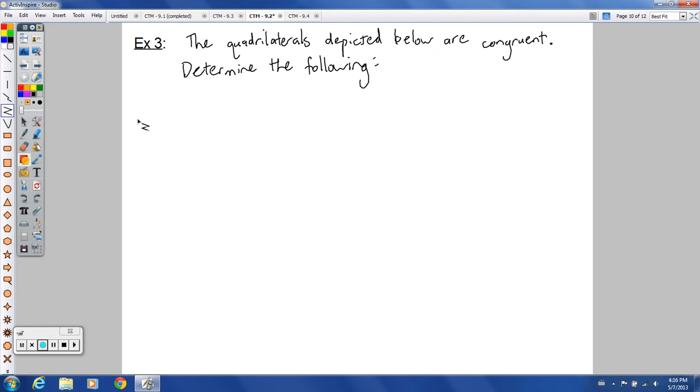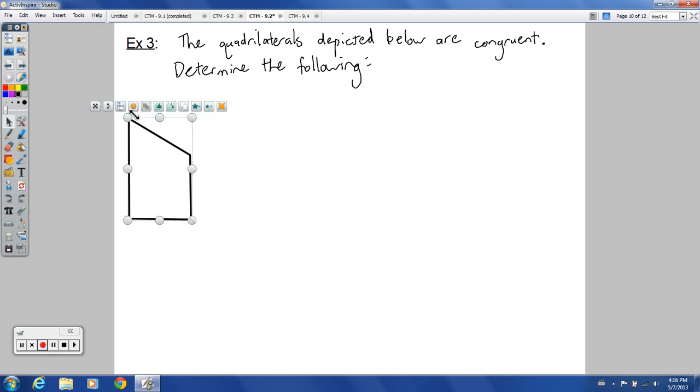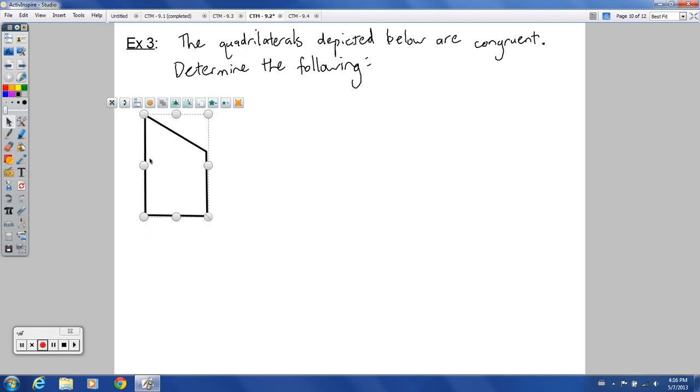Now I'm going to draw a quadrilateral looking kind of like this. You draw this as best you can on your paper, trying to make it a trapezoid looking shape. I'm going to make a copy of this and put it over here.